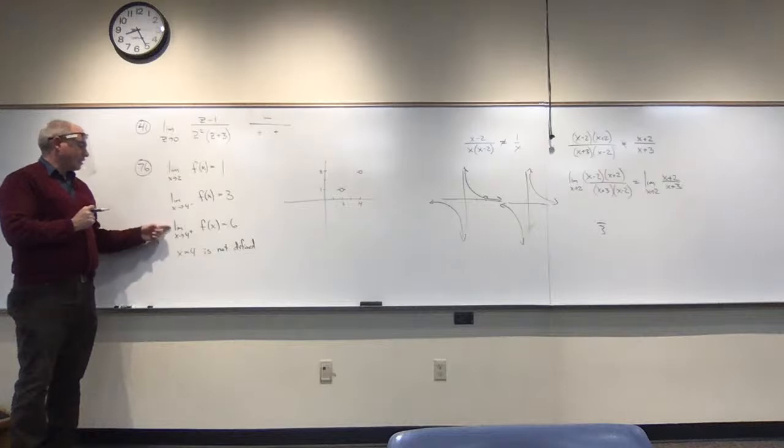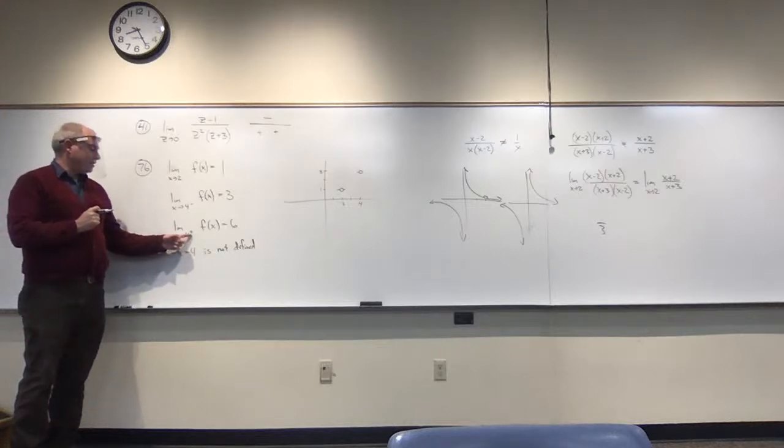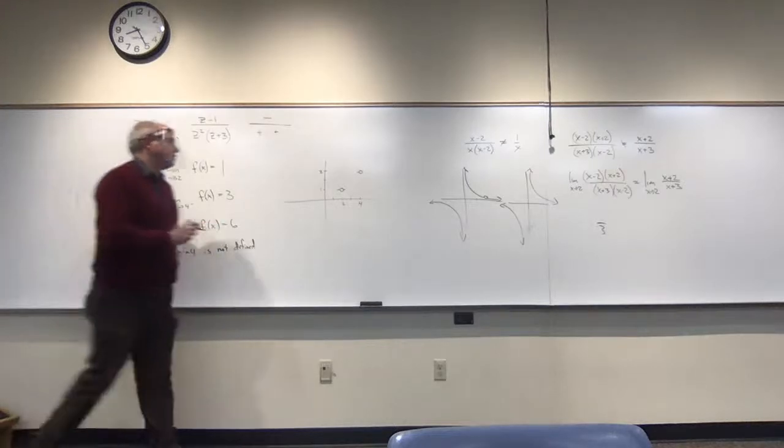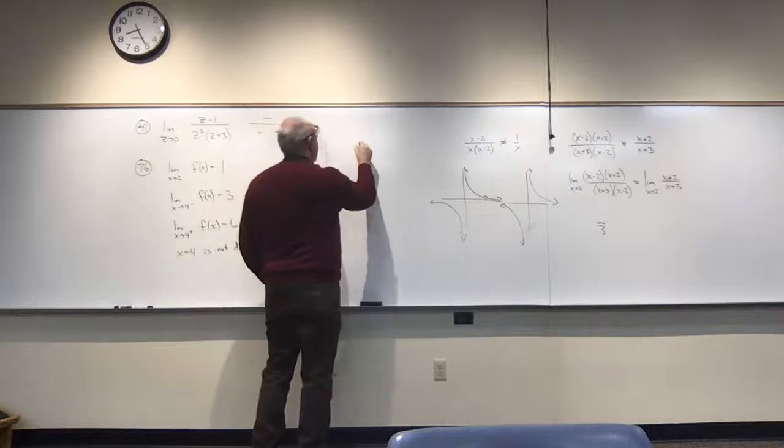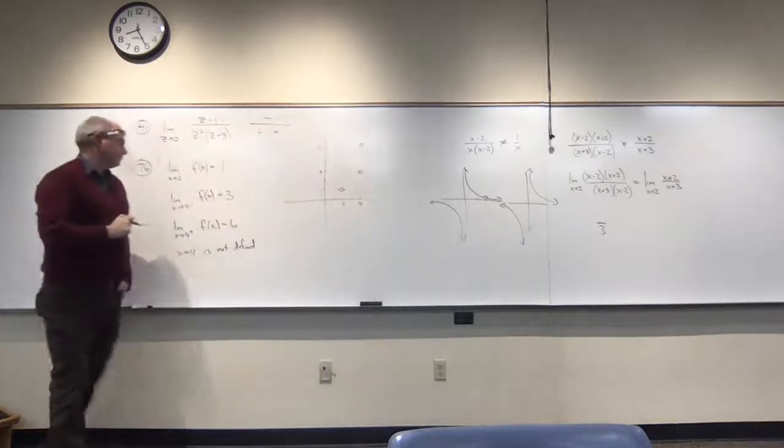Then it says as I get close to 4 from the right, I get 6. So 3, 4, 5, 6, here's 6. And it's getting close there.